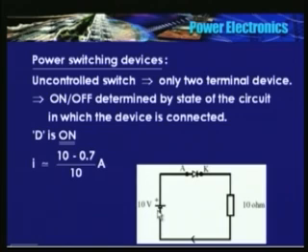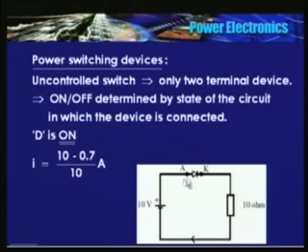Now, instead of a DC supply, if I had an AC source, what would happen? At the positive zero crossing, this diode would start conducting. For the time being, I am neglecting the voltage across the diode. So with an AC source and a resistive load, at the positive zero crossing the diode starts conducting, and at the negative zero crossing the diode turns off.